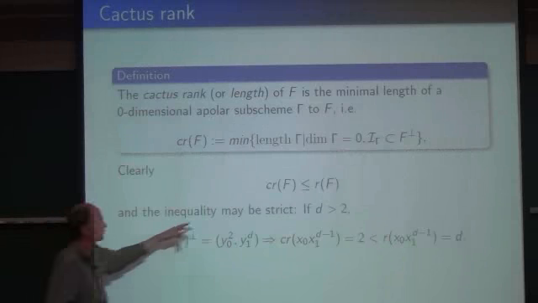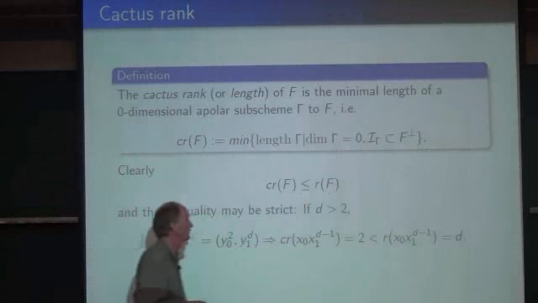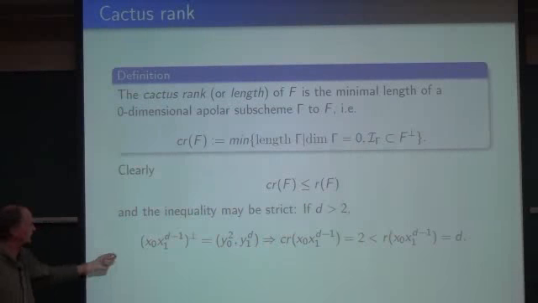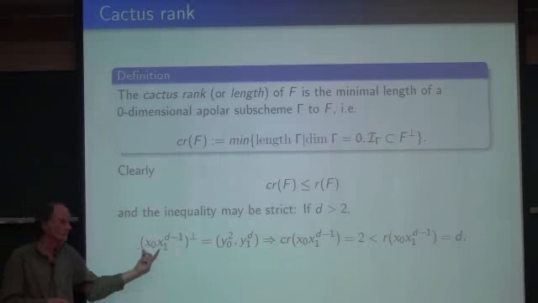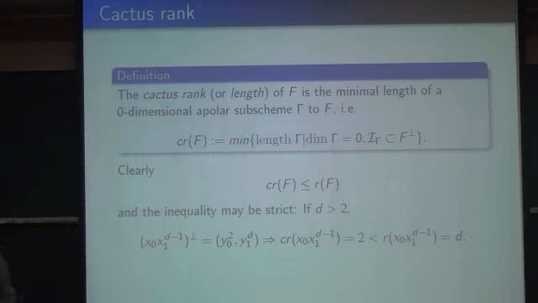But anyway, the cactus rank is always less than or equal to the rank. And in this particular example, this is a binary form of degree d.